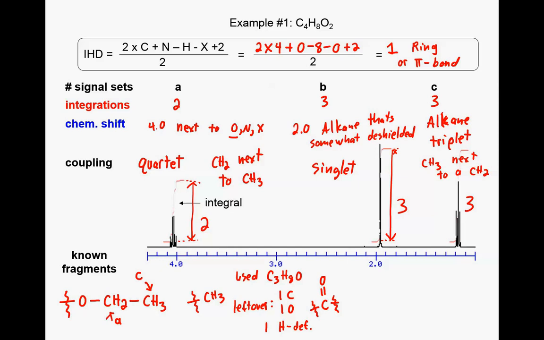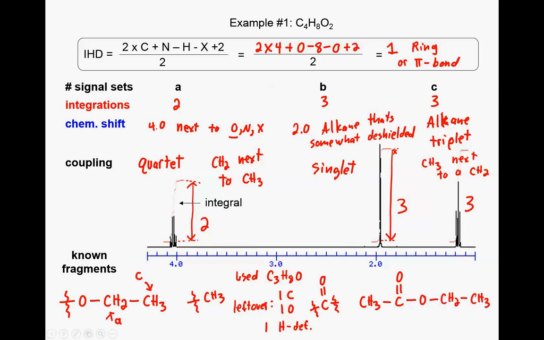And so now what we've got are 3 fragments. We've used up all the atoms, and we've used up our hydrogen deficiency on the pi bond right here. All right, so we've got 2 terminal pieces here on the left side, and then 1 middle piece. So there's really only one way we can put this together. We could draw a CH3 on the end, our carbonyl in the middle.